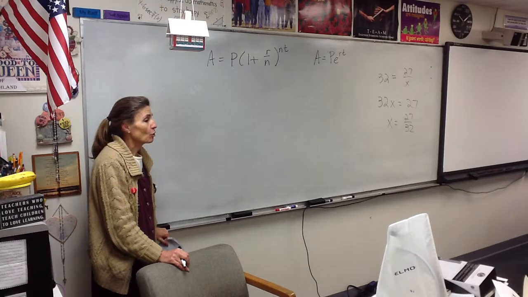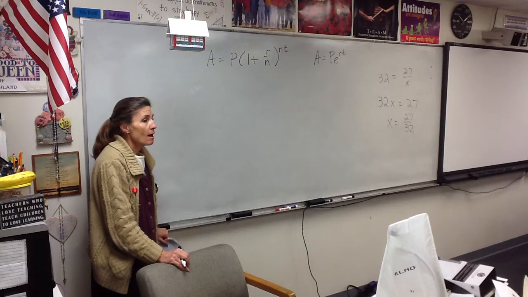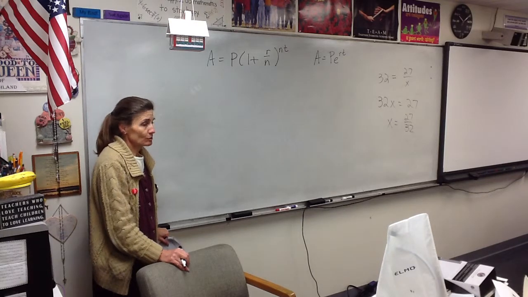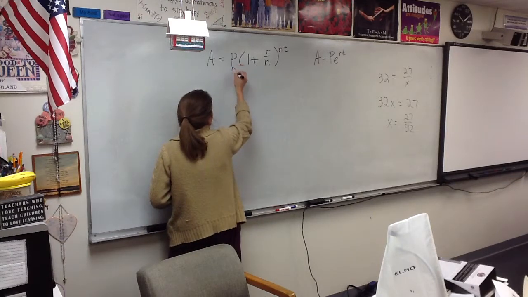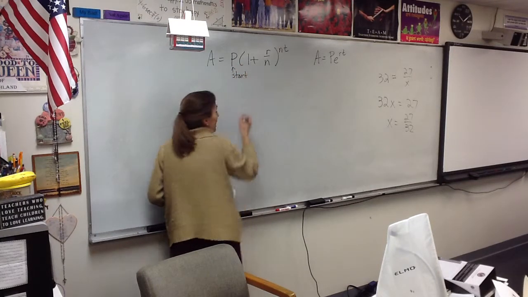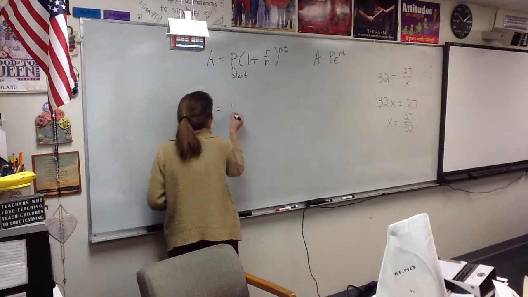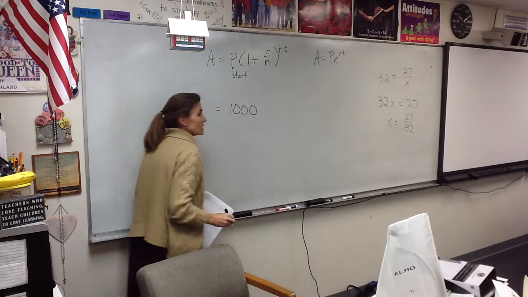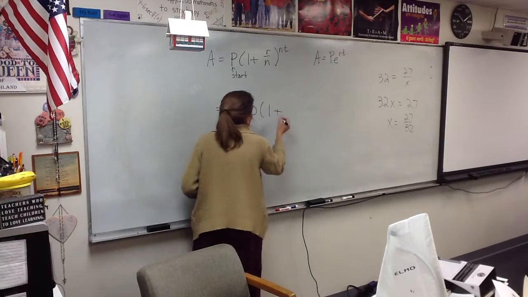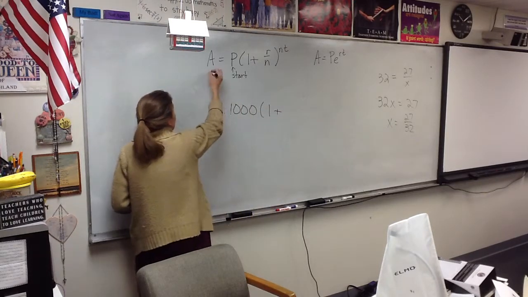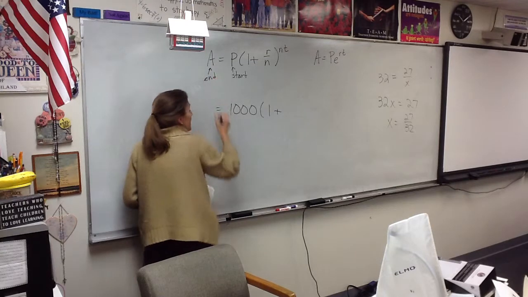All right, so here we go. $1,000 is the amount of money we're starting with, and that is always the P value. The P value is what you are starting with. The A value is what you are ending with.